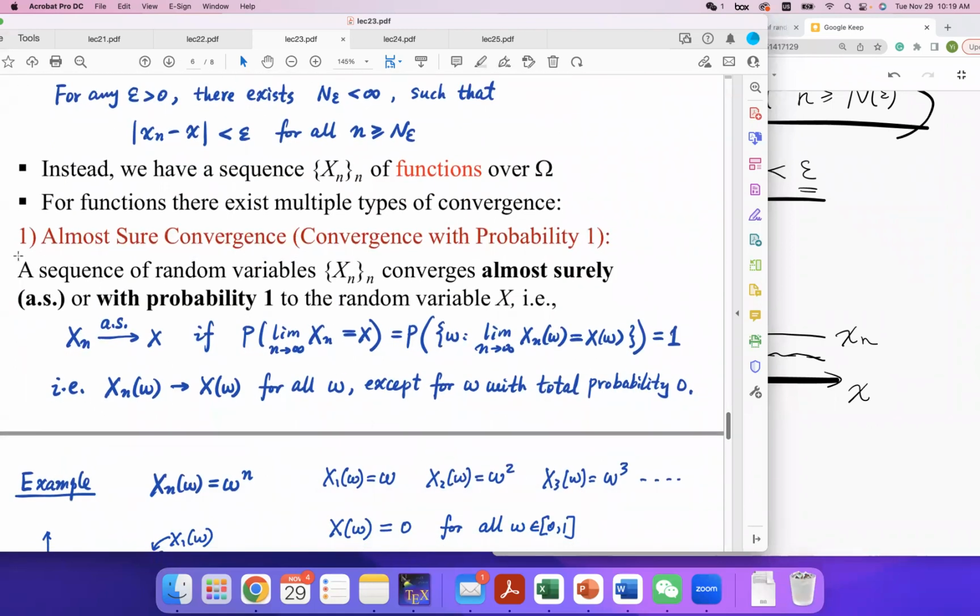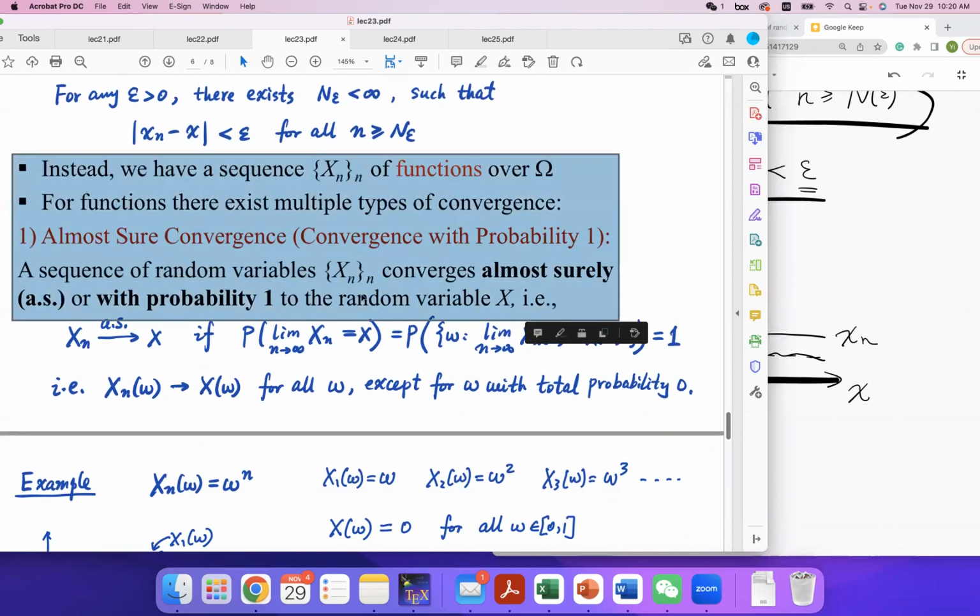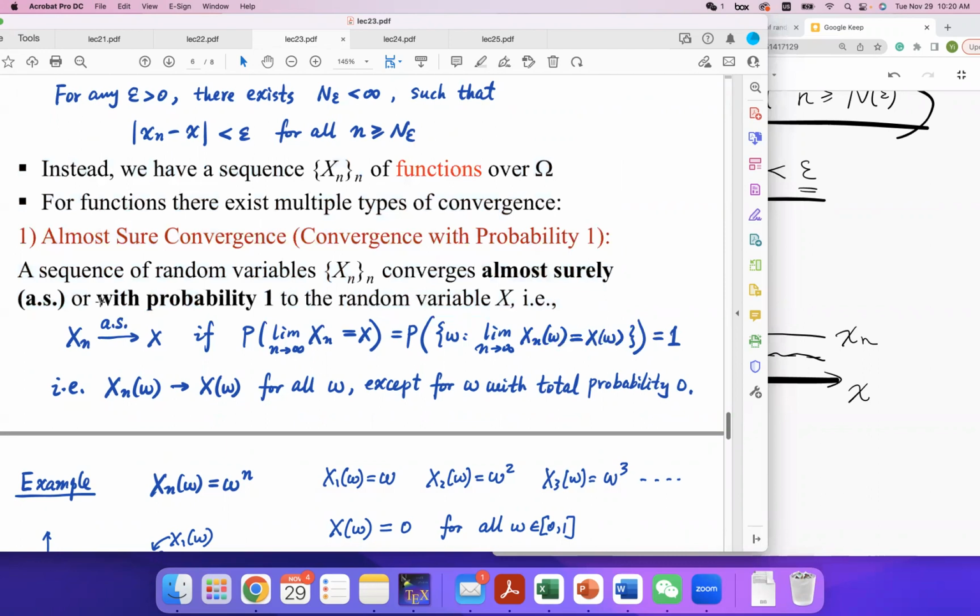These are different statements, but they are defining the same thing. We say that a sequence of random variables Xn converges almost surely, or with probability 1, to a random variable X if the following holds.